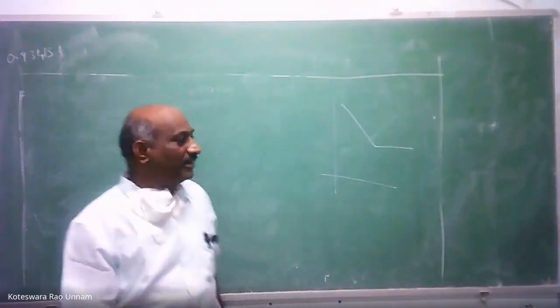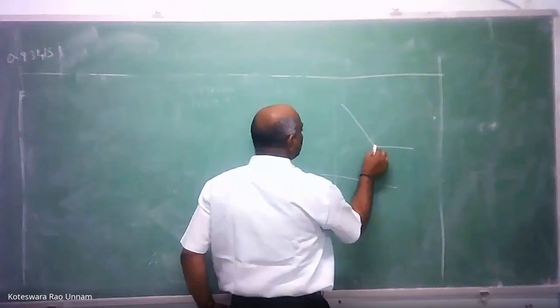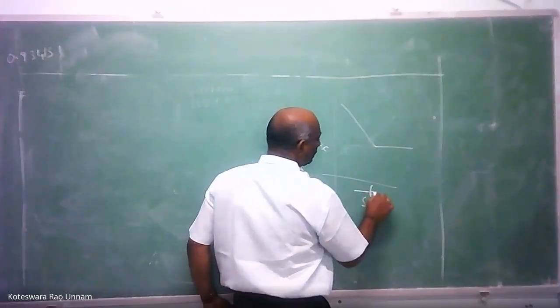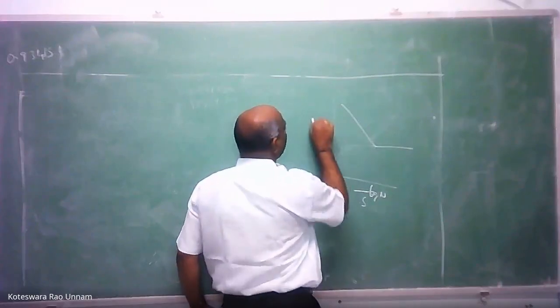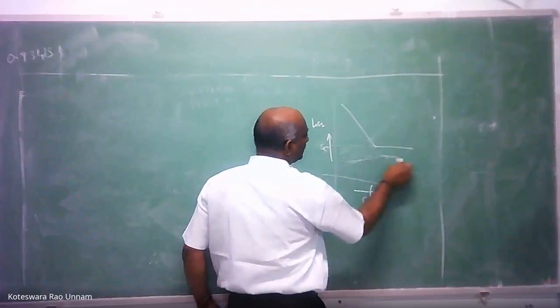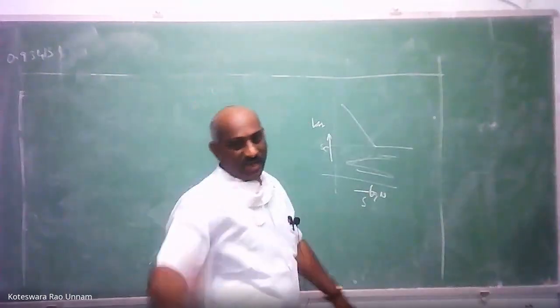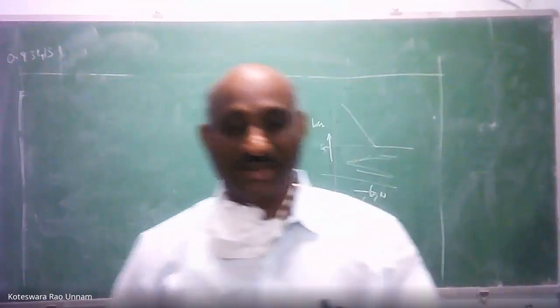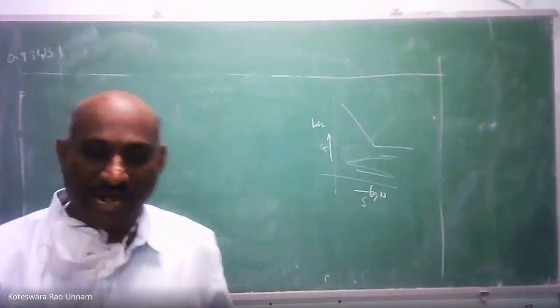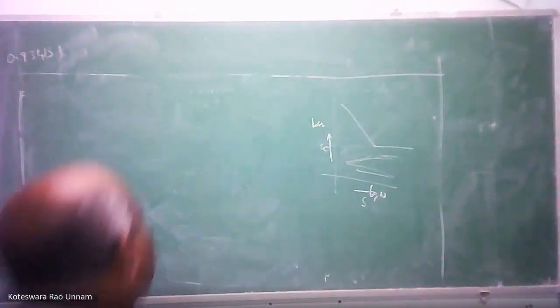So we'll design based on SE. This is corresponding to SE on your SN curve, with log N on one axis and log SF on the other. If your SA falls within this region, then you can say the component will have infinite life. But here it is clearly said that it is a finite life problem. That means he has given 10 power 5 cycles.